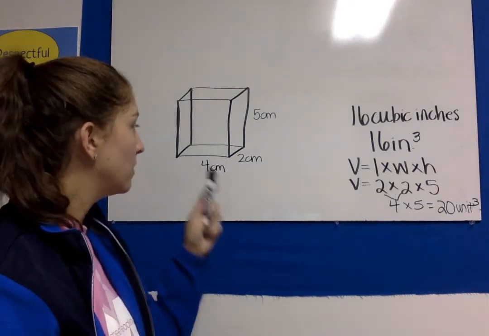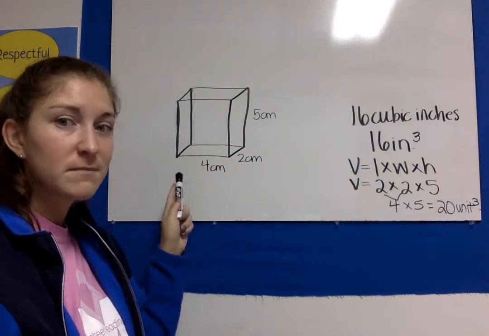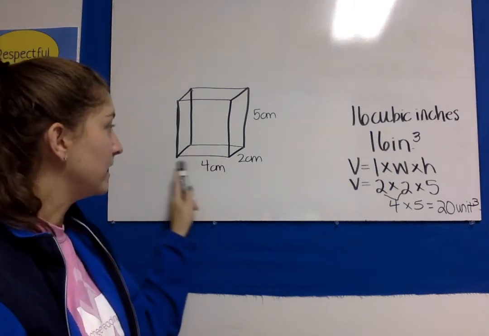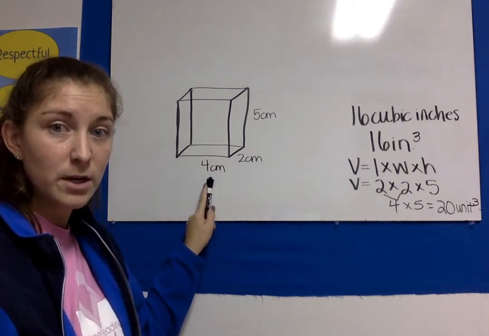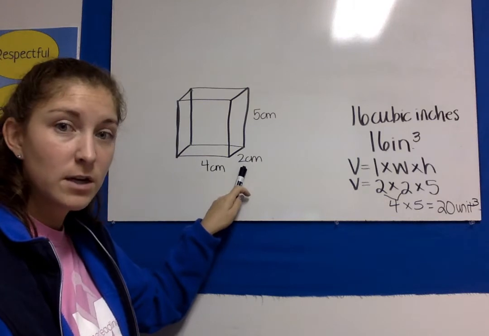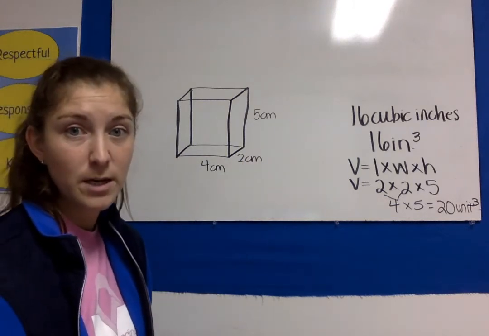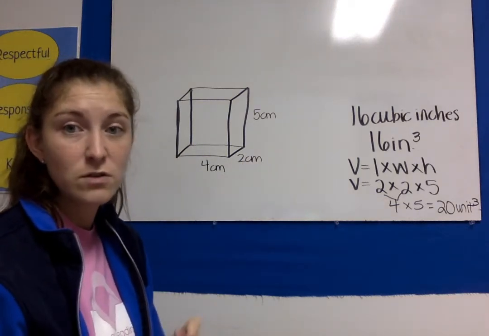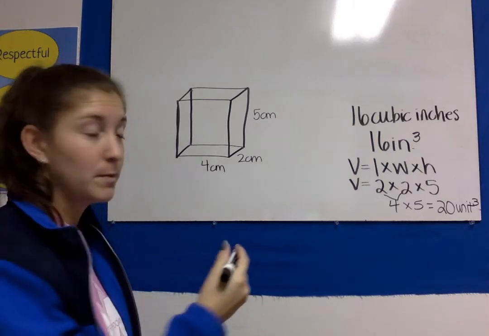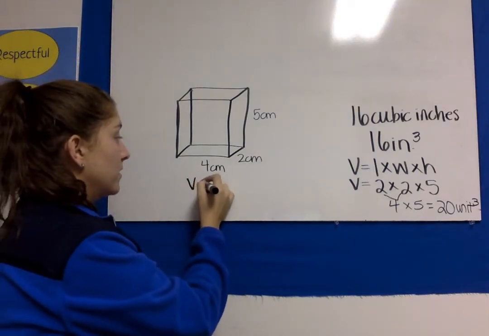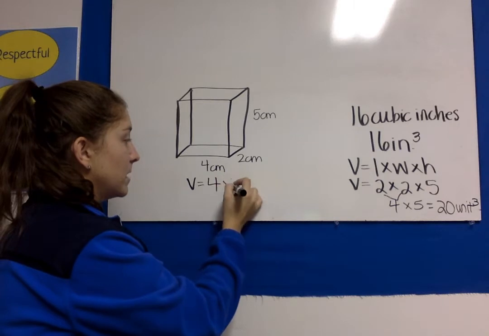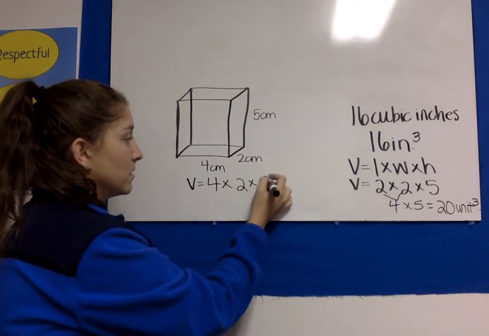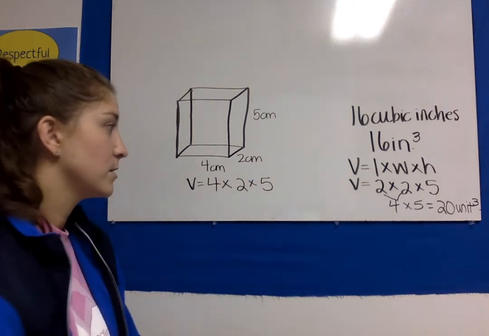On this figure here, the length is 4 centimeters, the width is 2 centimeters, and the height is 5 centimeters. So I've got the volume equals 4 centimeters times 2 centimeters times 5 centimeters.